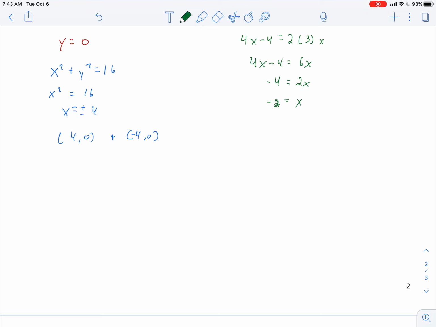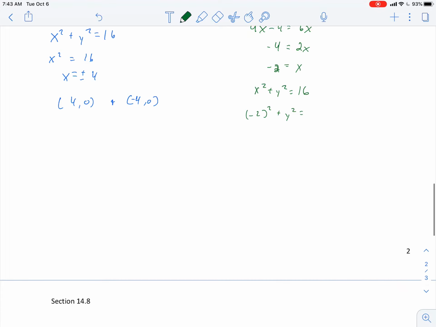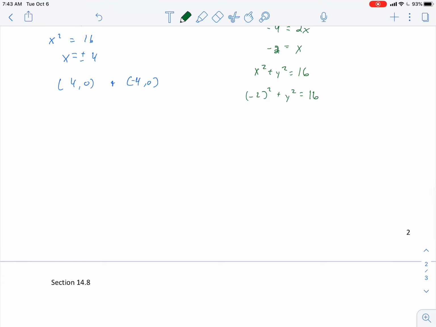So now, if x is negative 2, what we can do is plug this into our constraint again. x squared plus y squared equals 16. And now we have negative 2 squared plus y squared equals 16. Negative 2 squared is going to give us positive 4. Subtract that, so y squared is equal to 12.